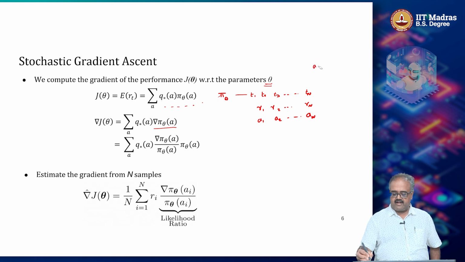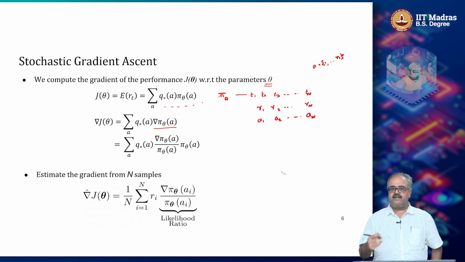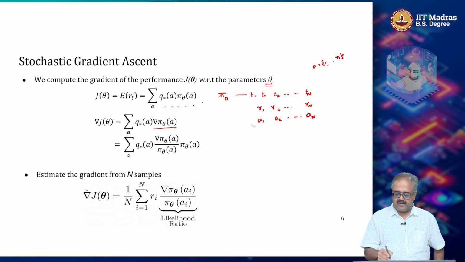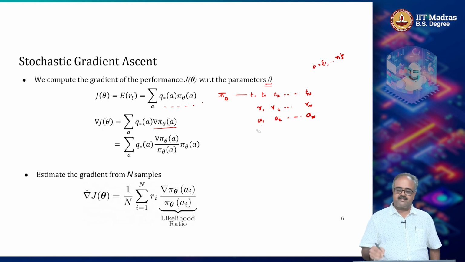Remember, I have n actions, right. Let us not confuse this n and that n, that is a small n, this is a capital N. So, capital N is the number of samples I have drawn. So, I fix pi theta, then I select action A1 at time t1, I am going to get R1, I am going to select some action A2, this A2 is basically the action I select at time t2, not this A2, okay. Then I will get R2 and so on and so forth, I keep doing this, right.